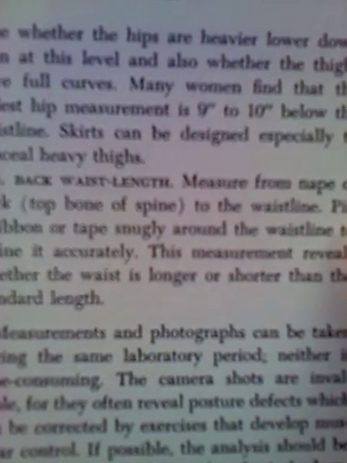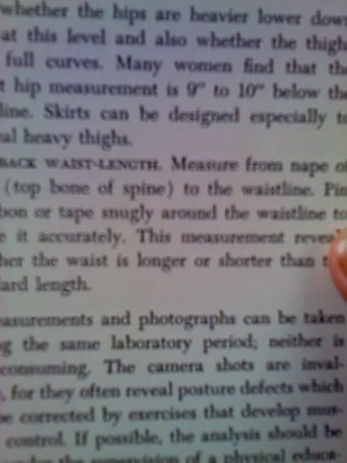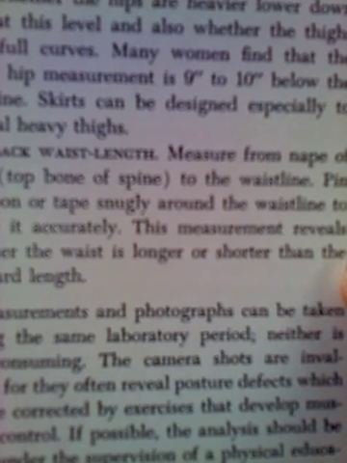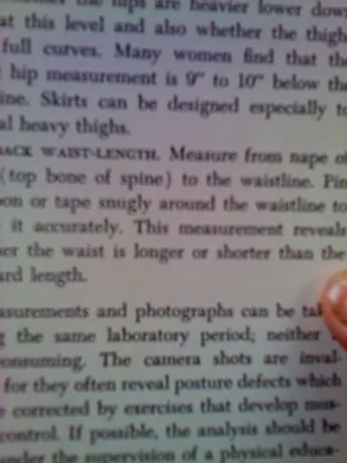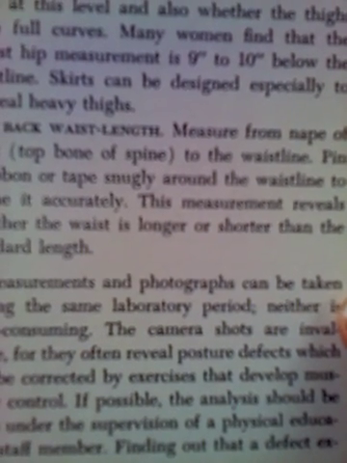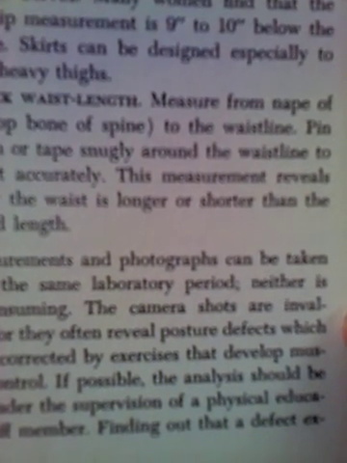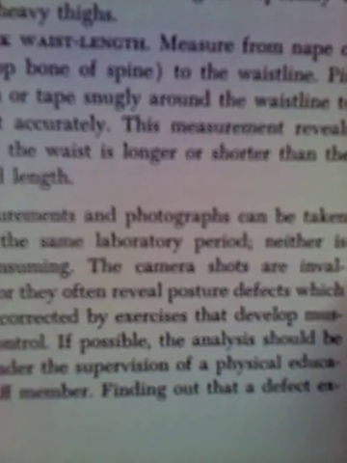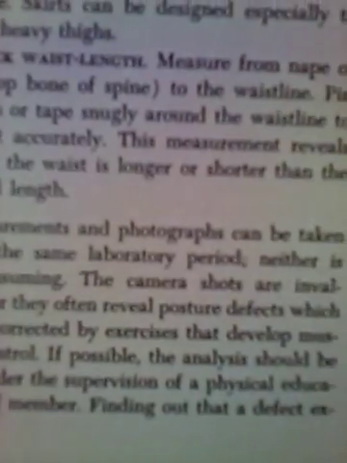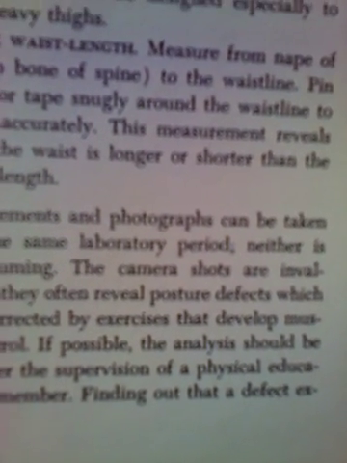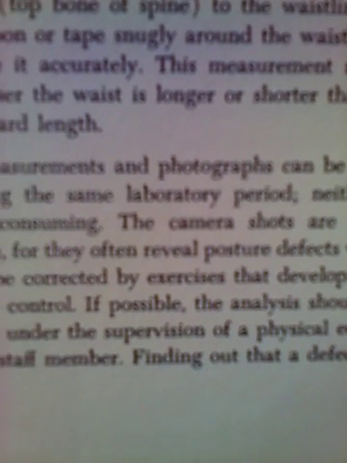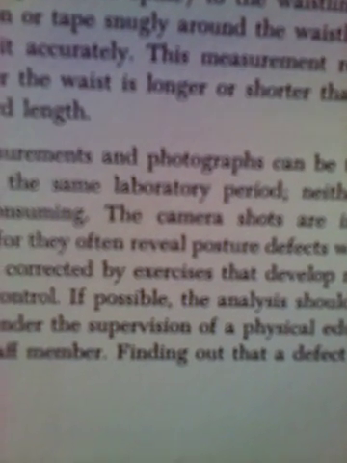Pin a ribbon or tape snugly around the waistline to define it accurately. This measurement reveals whether the waist is longer or shorter than the standard length. Measurements and photographs can be taken during the same laboratory period. Neither is time-consuming. The camera shots are invaluable, for they often reveal posture defects which can be corrected by exercises that develop muscular control.